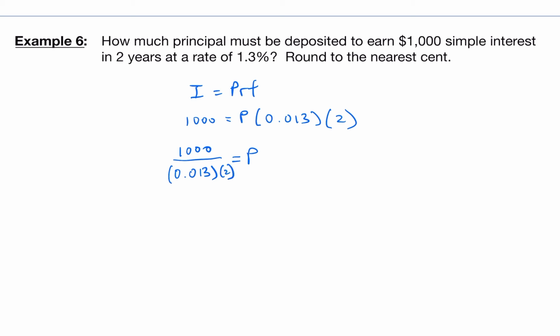And punching that into the calculator gives us $38,461.54. So this is how much we need to have to begin with, or how much we need to deposit in order to earn $1,000 at a rate of 1.3% for 2 years.